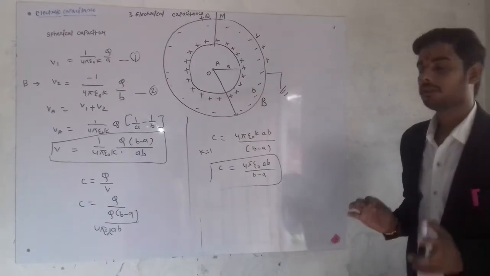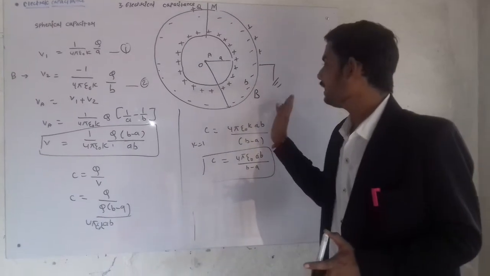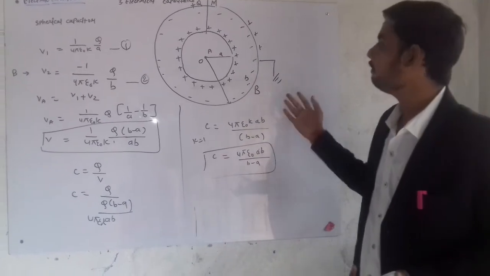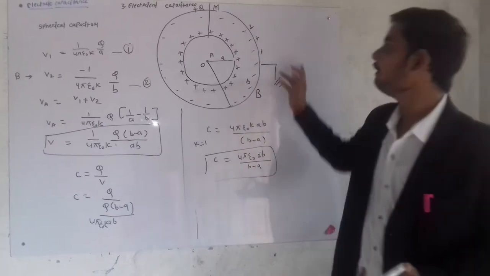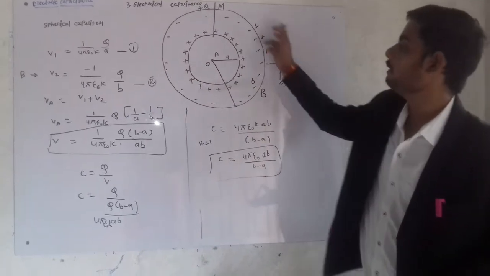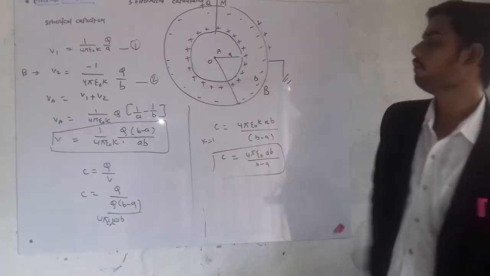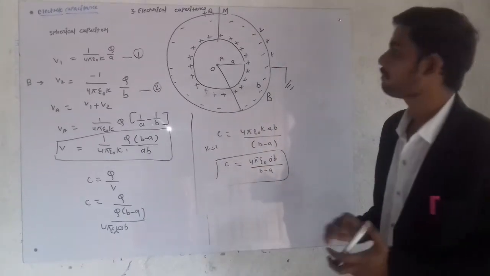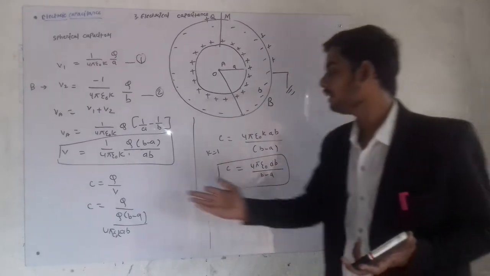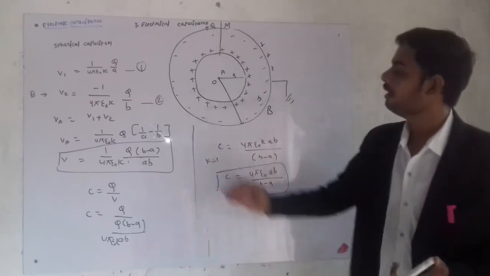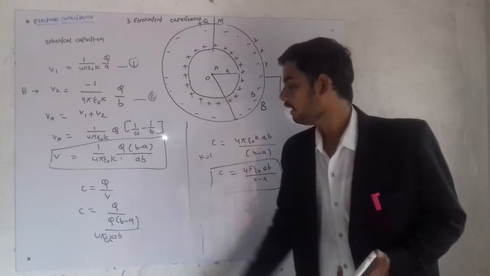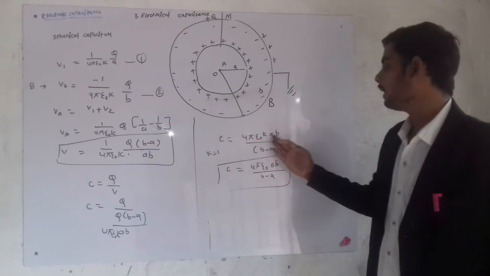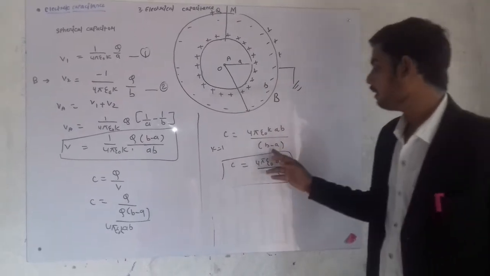Since sphere B is connected to the earth, its potential will be 0. So the total potential will be V equal to 1 upon 4 pi epsilon naught K, Q, (b minus a) upon ab. We know the earlier formula C equals Q upon V. We put the value of V, and we get C equal to Q, 4 pi epsilon naught K ab upon b minus a.